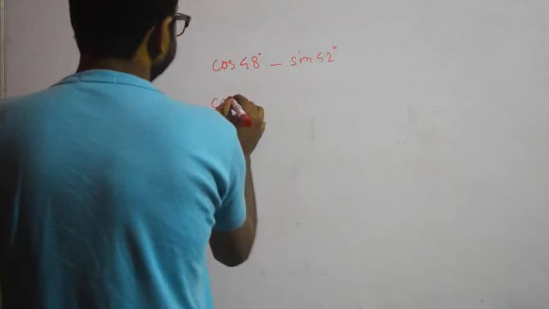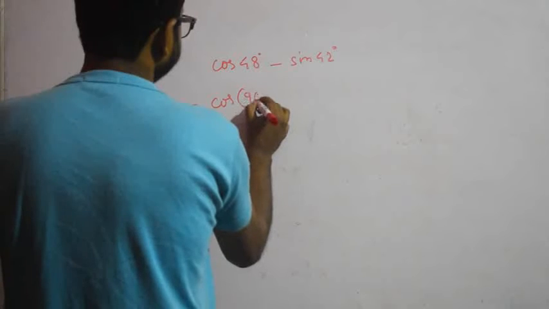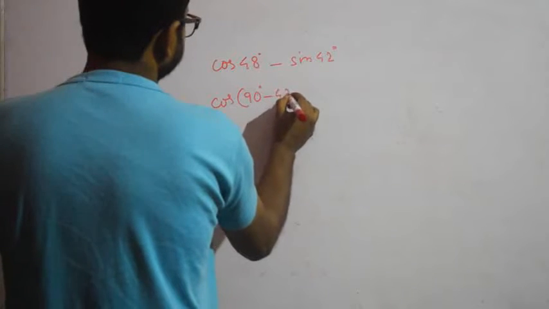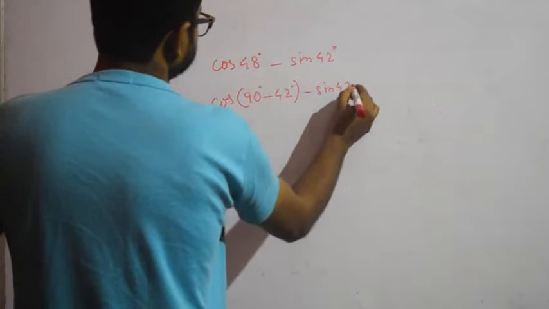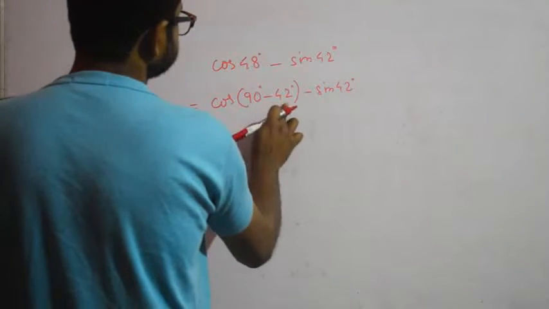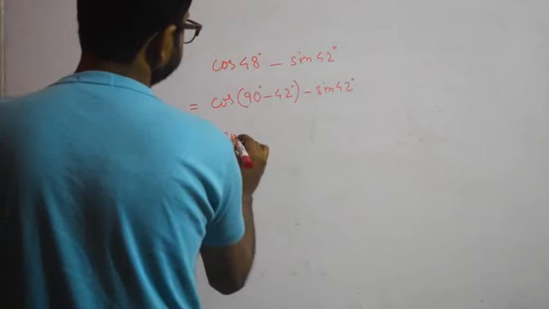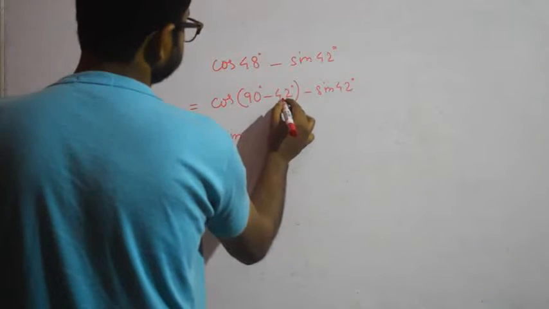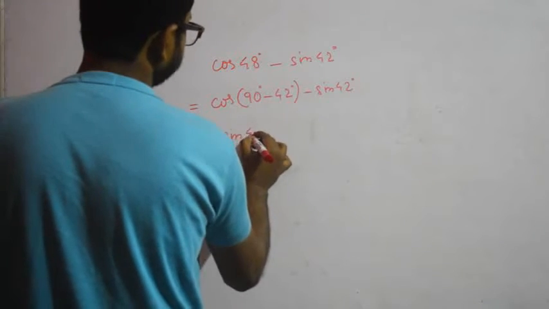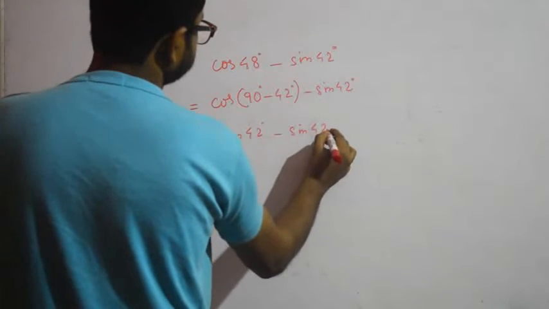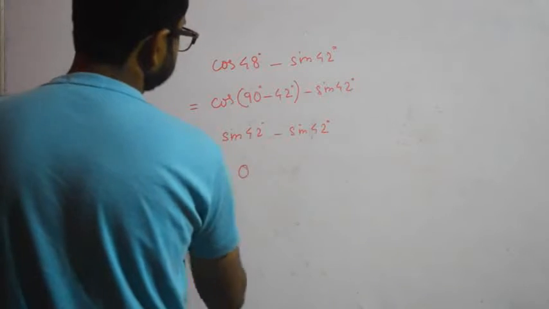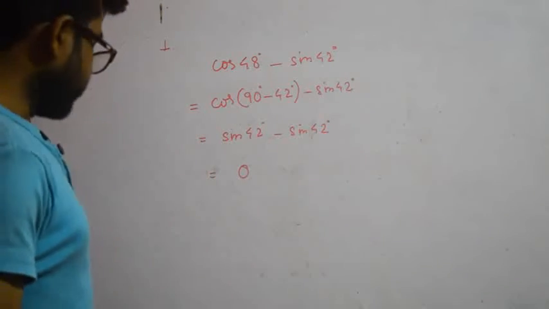So cos 48 can be written as cos of 90 minus 42, and cos of 90 minus theta is equal to sin theta. So here theta in this case is 42, so sin 42 degrees minus sin 42 degrees is equal to what? 0. So these are very easy questions.